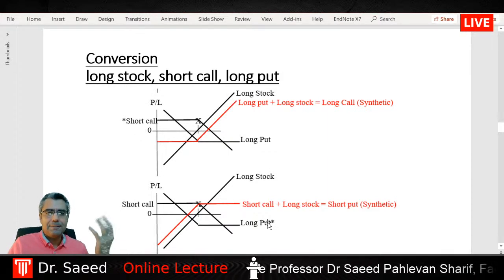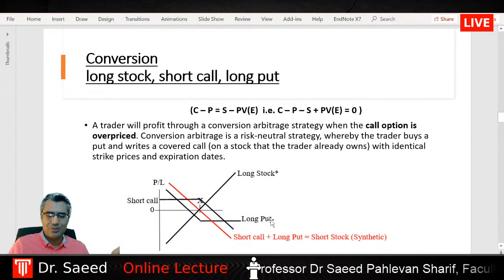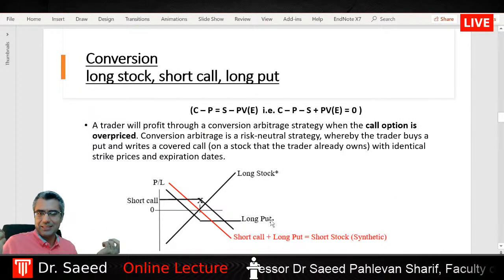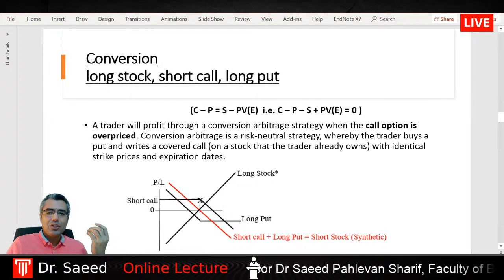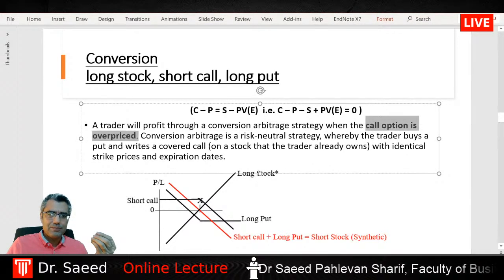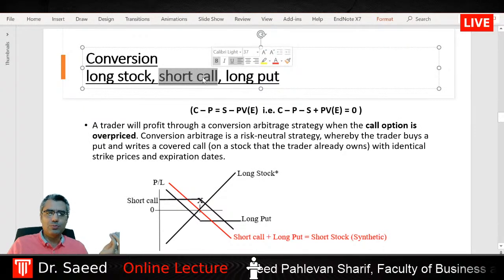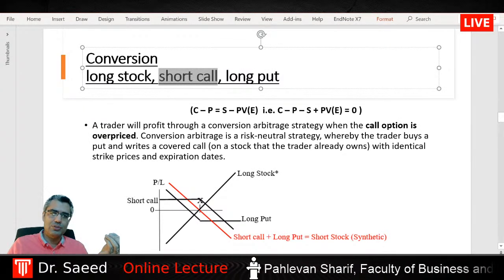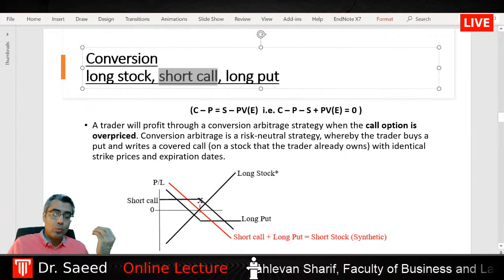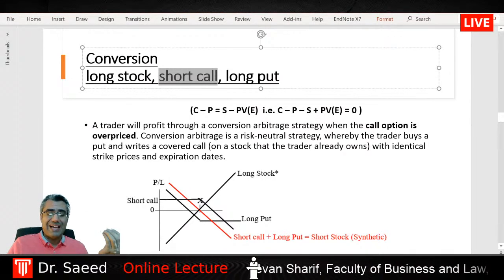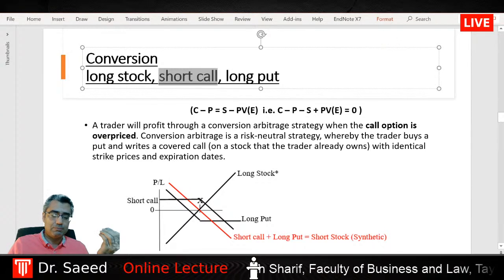So in summary, what I'm saying is when call option is overpriced, you just short it, then you need to offset your short position so that it won't be affected by price changes, because it's arbitrage.